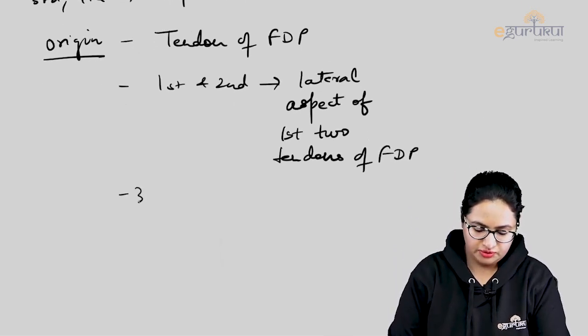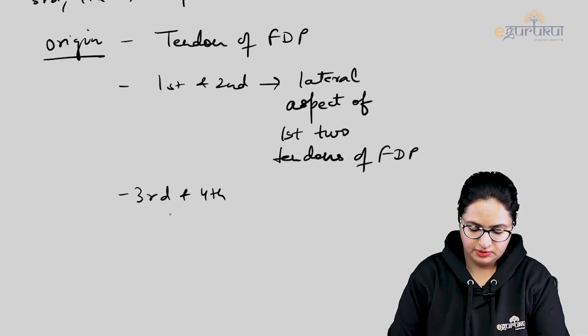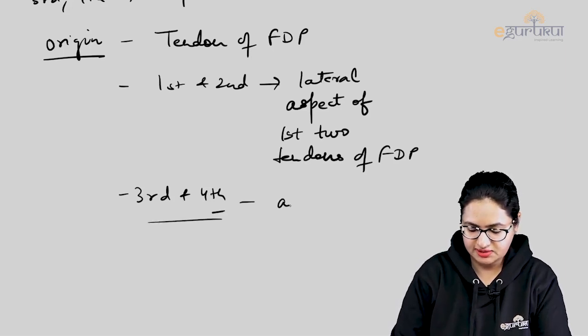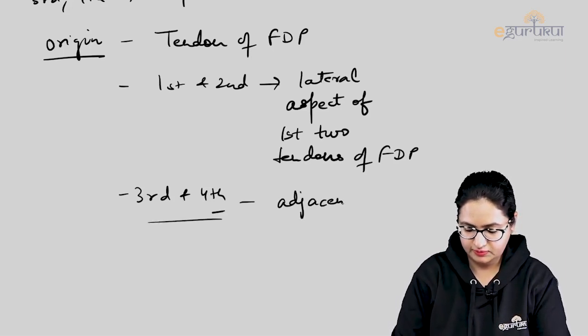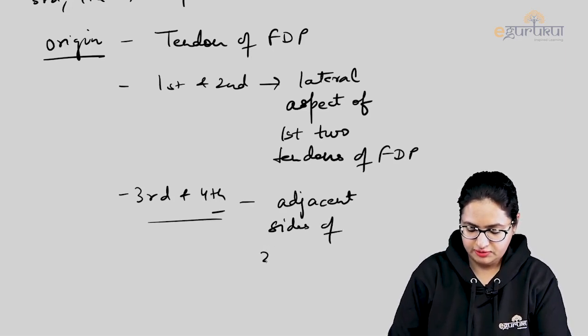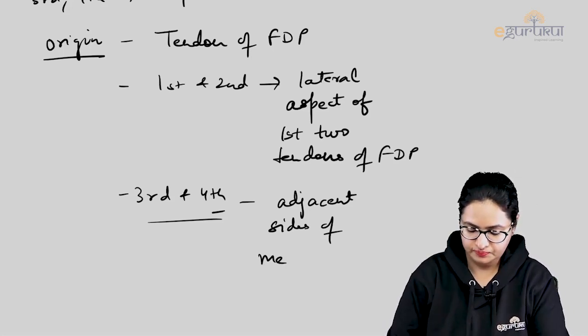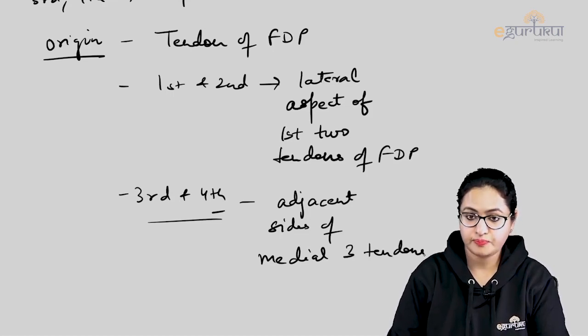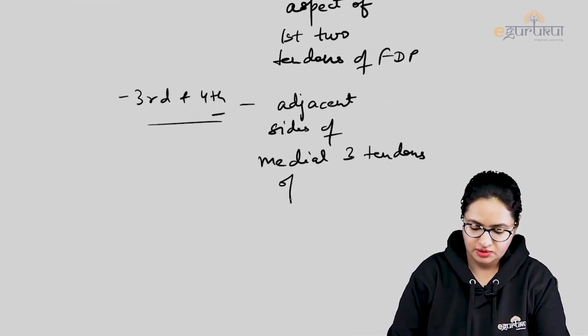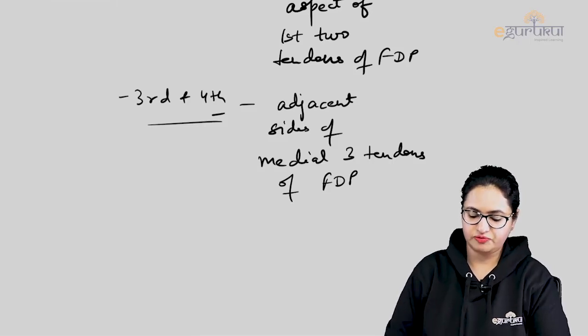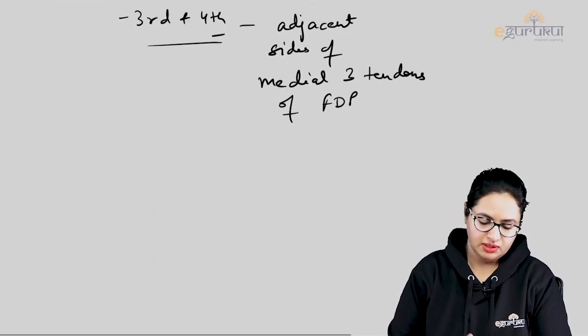And if we talk about the third and fourth, they take origin from the adjacent sides of the third and fourth, or we can say the adjacent sides of the medial three tendons of flexor digitorum profundus. The same we have drawn in the picture also.